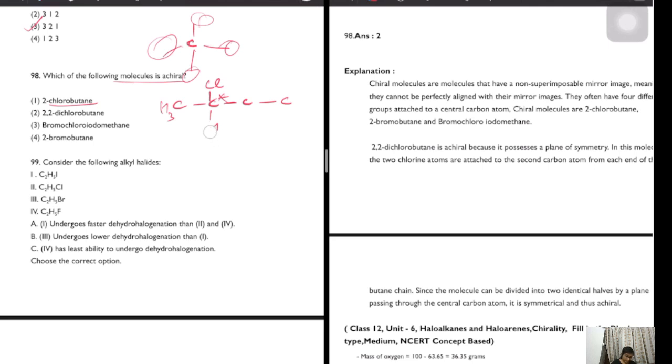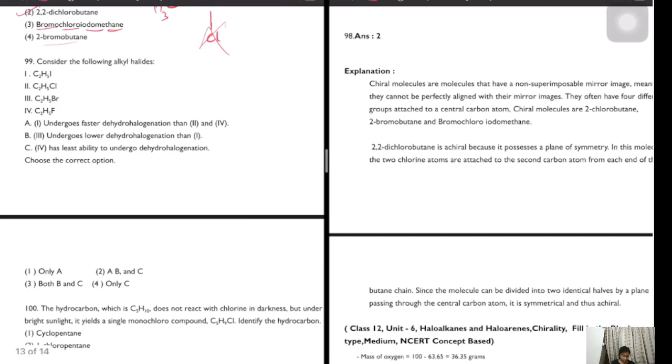Let's take 2,2-dichlorobutane. It is this. This is C. Now we have same atoms. So we have this as our answer. And bromochloroiodomethane, so these are also different. 2-bromobutane would be same as this. This won't be there. It would be Br. That is the correct answer.